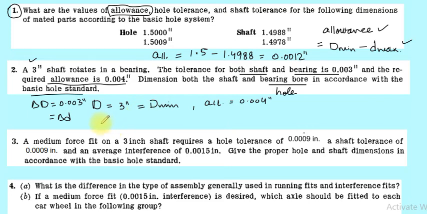We have D minimum as 3 inches. D maximum will simply be 3 inches plus the tolerance value 0.003 inches, as in all previous problems. So we have two values.